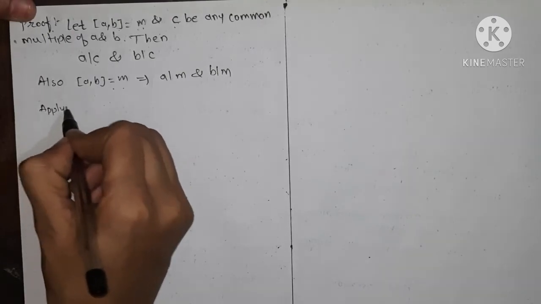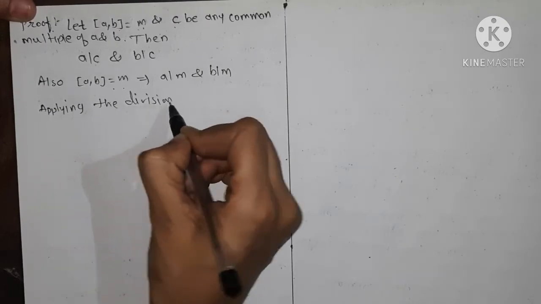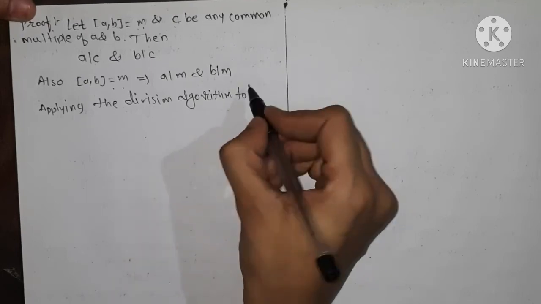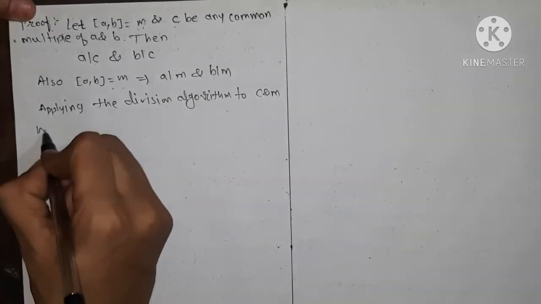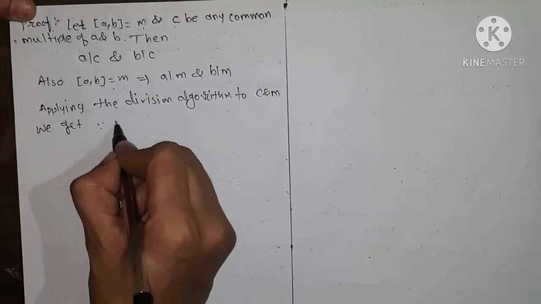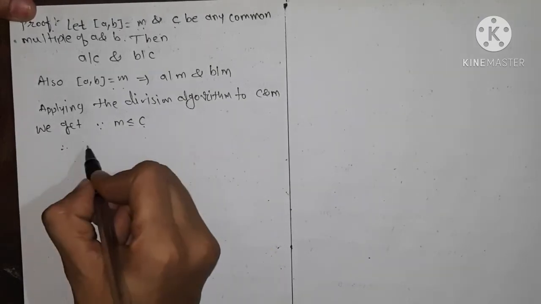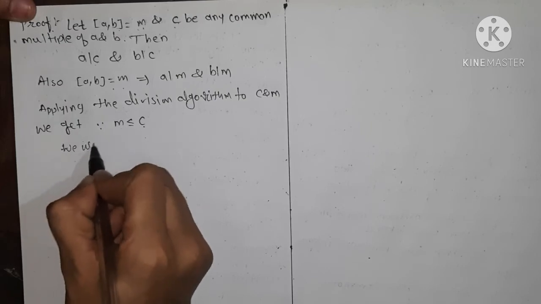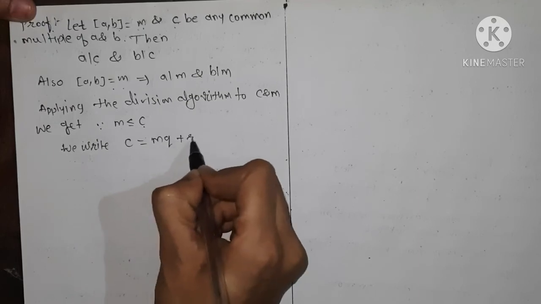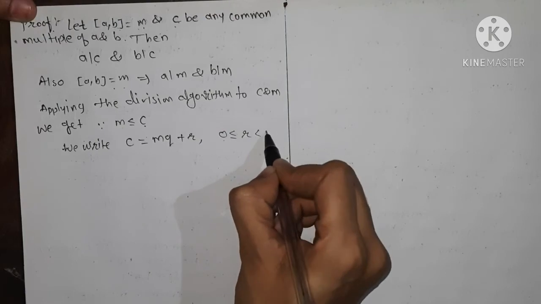Since c is a common multiple, m is less than or equal to c. Applying the division algorithm to c and m, we write c equals m times q plus r, where r is the remainder, with 0 less than or equal to r less than m.